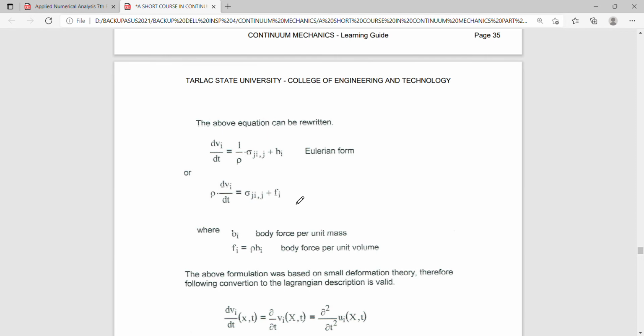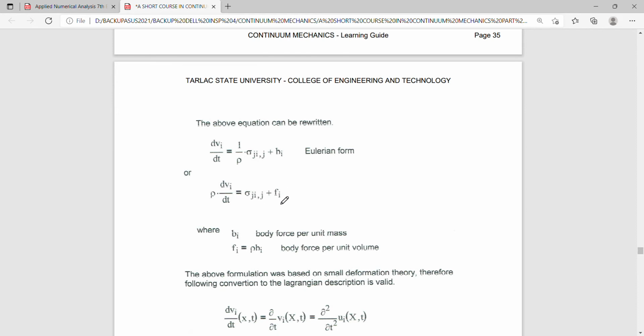Okay, so again, we are considering here the density as now the representative of your mass versus the forces.